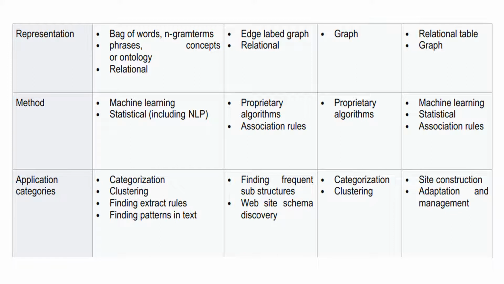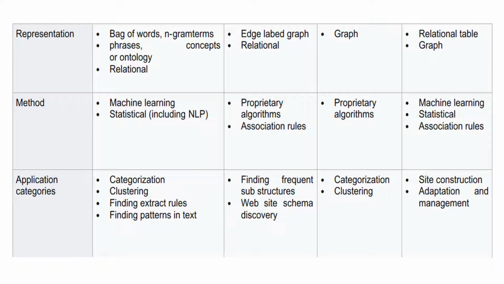The methods in web content mining are machine learning and statistical methods, including NLP, and proprietary algorithms and association rules on database. In web structure mining, it has proprietary algorithms as methods. And in web usage mining, machine learning, statistical methods and association rules.